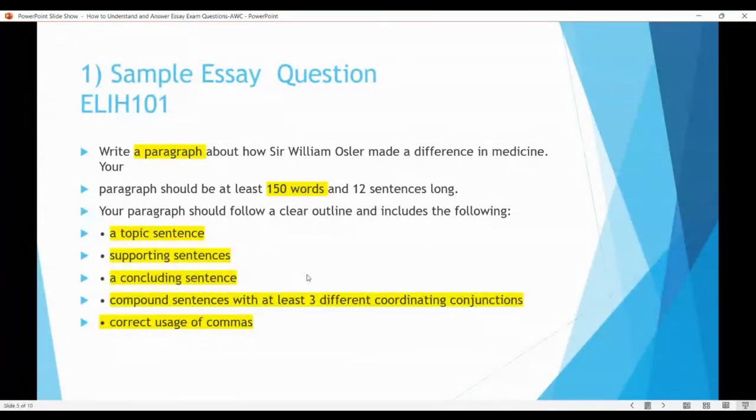F stands for for, A stands for and, N stands for nor, B stands for but, O stands for or, Y stands for yet, and S stands for so. These are all coordinating conjunctions. So the instruction says you must write compound sentences with 3 different coordinating conjunctions.